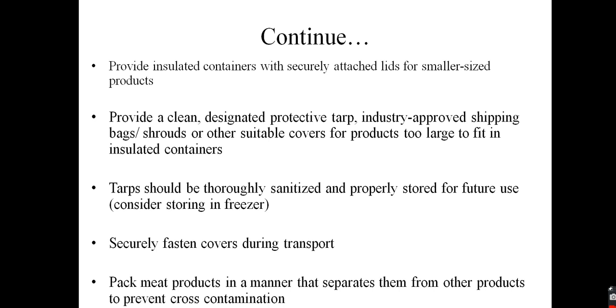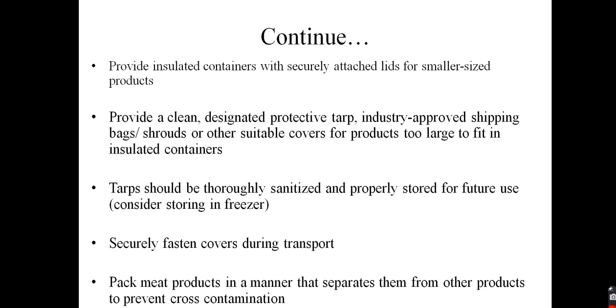Provide clean, designated protective tarps, industry approved shipping bags, and other suitable covers for each product, and also mention the product name. These tarps must be thoroughly sanitized and properly stored for further use. If disposable, they must be discarded according to GMP.